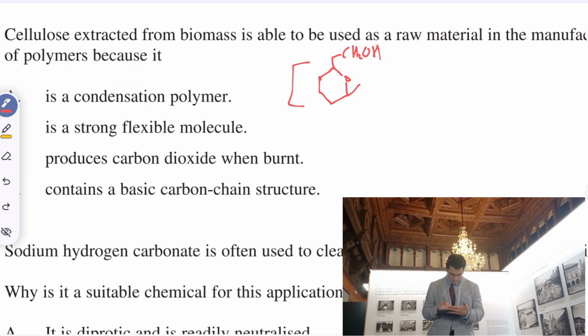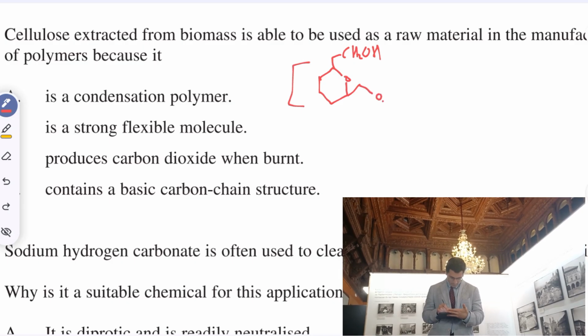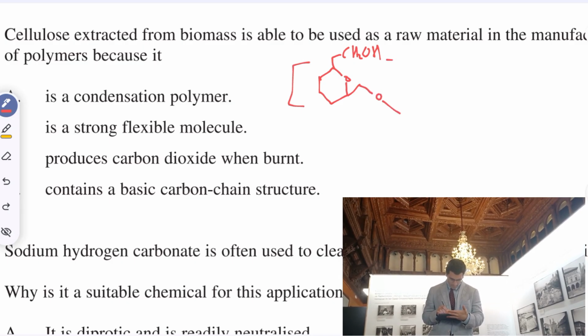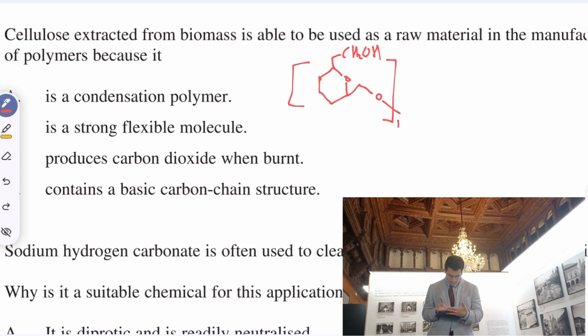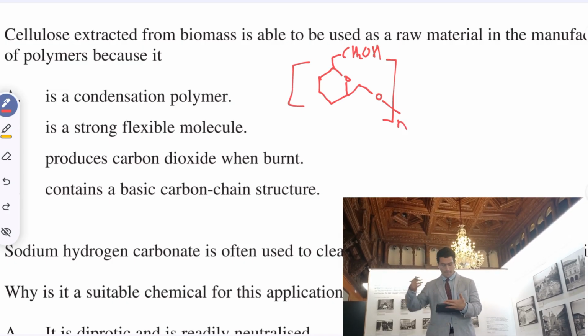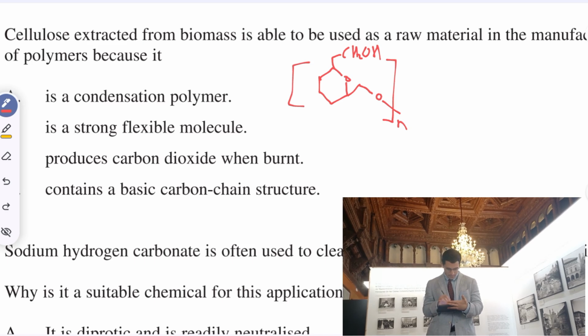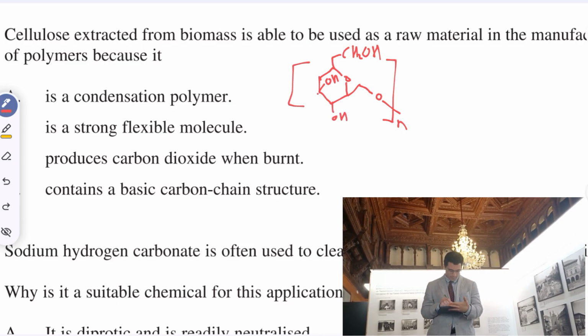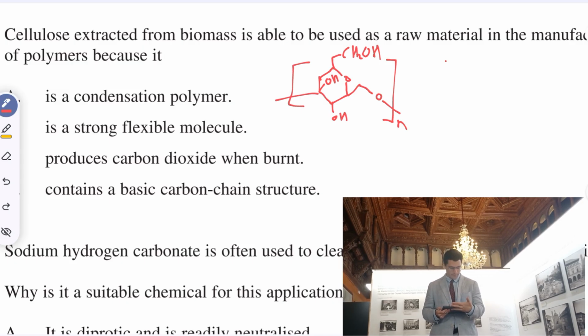Then we have the right hand square bracket, which we put a small n on the right bottom side to denote that it repeats. And then we have an OH group which rises, and we have an OH group which lowers, and on the left hand corner we have the other branch.